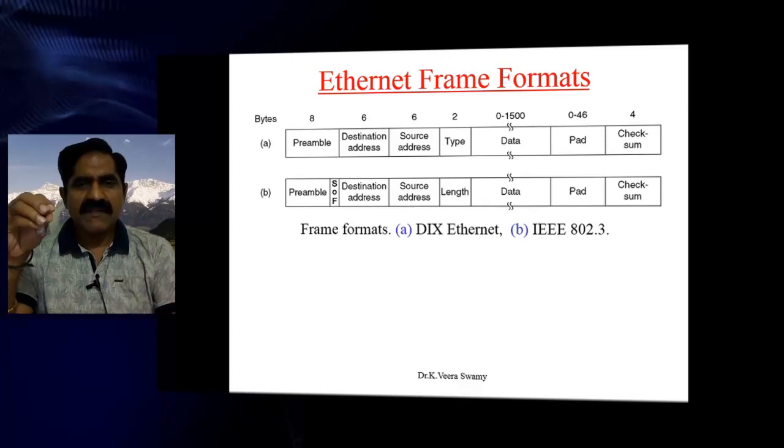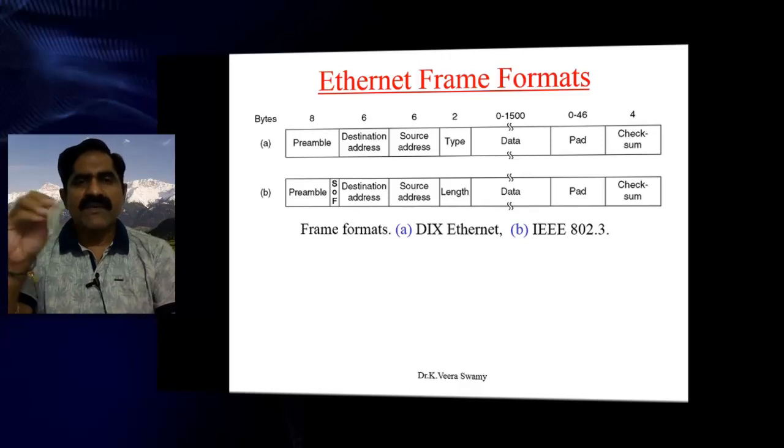There I mentioned that Ethernet and 802.3, that is actually framed by IEEE. Most of the time we consider both as the same, but there is a minor difference if you observe here. The first frame format is DIX Ethernet, the second frame format is IEEE 802.3.